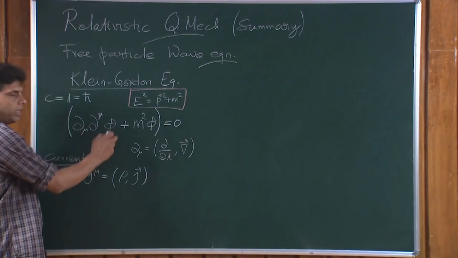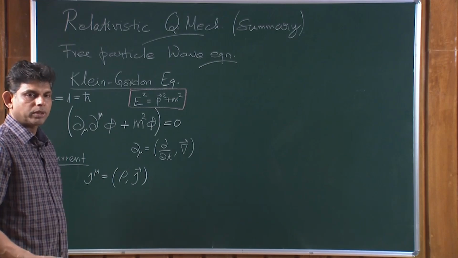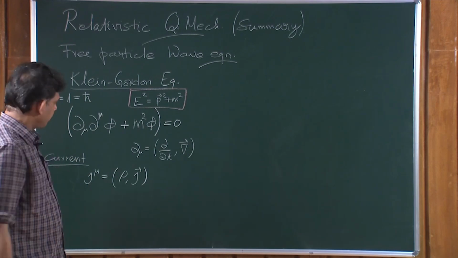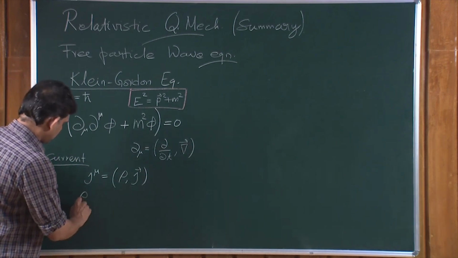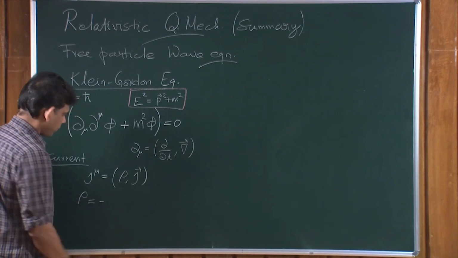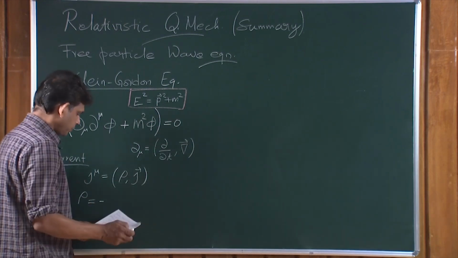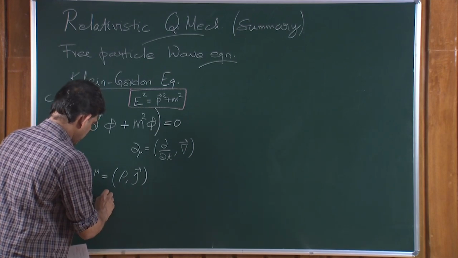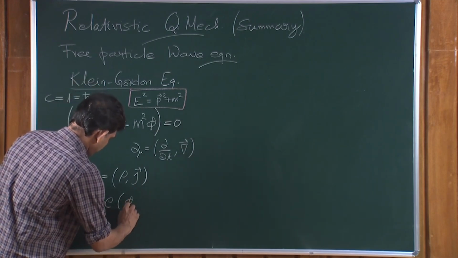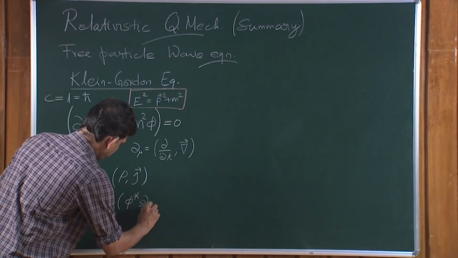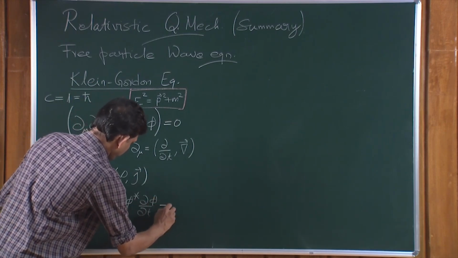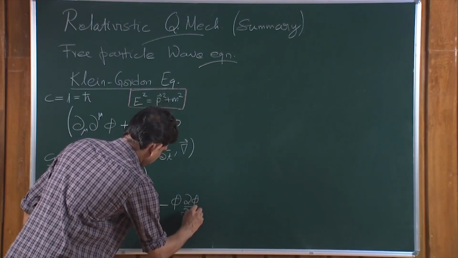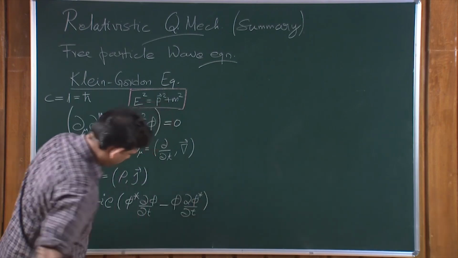So, for this phi, the particle that obeys the Klein-Gordon equation, rho can be written as minus i e, phi star, the complex conjugate of phi, time derivative of phi minus phi times time derivative of the complex conjugate of phi.